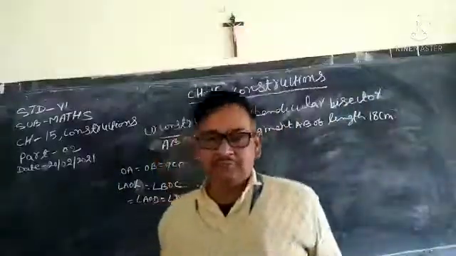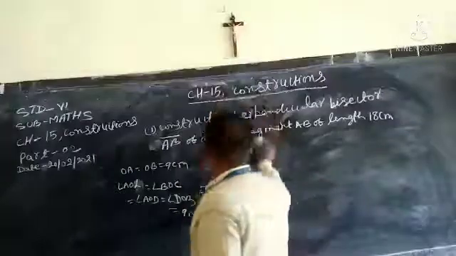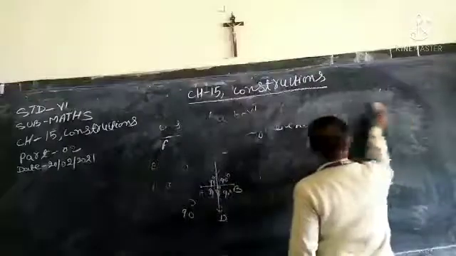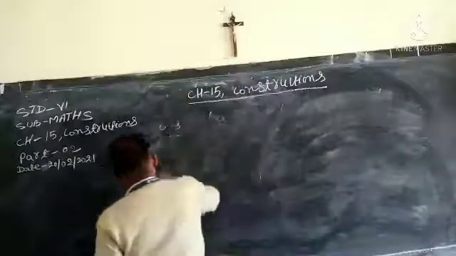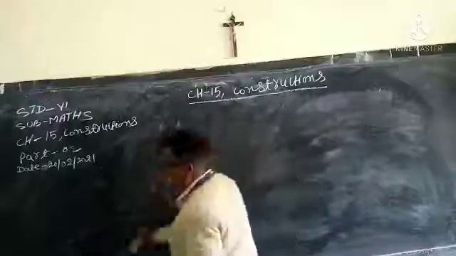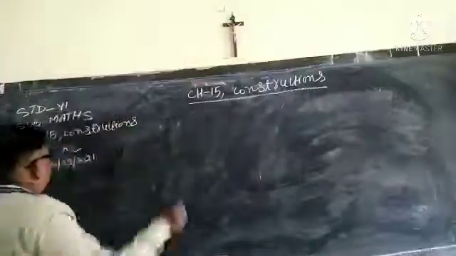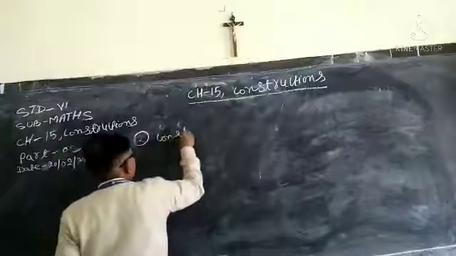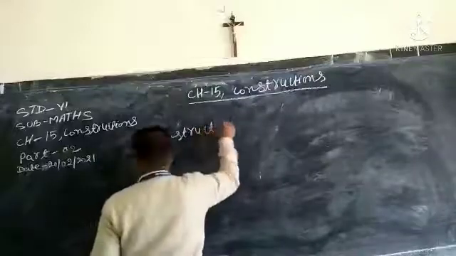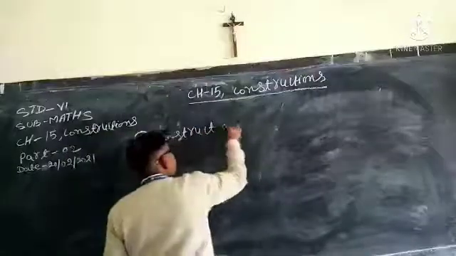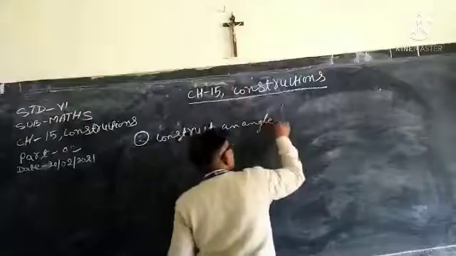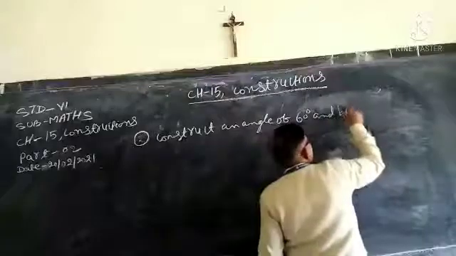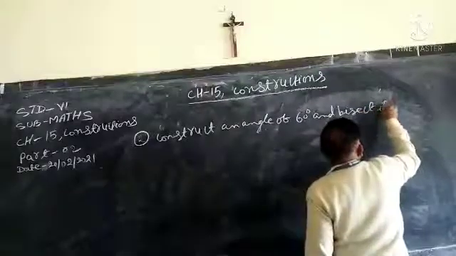Now another type of question is there. Second type of question: construct an angle of 60 degree and bisect it.